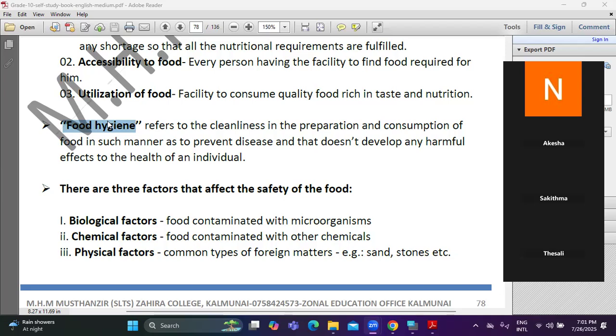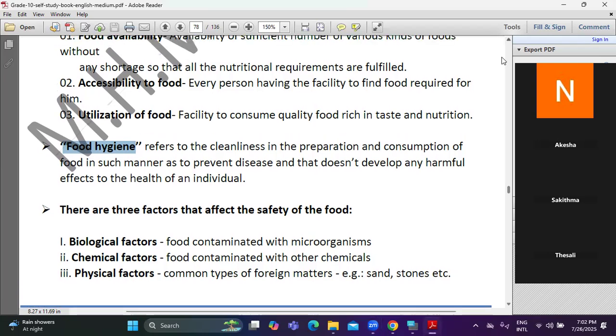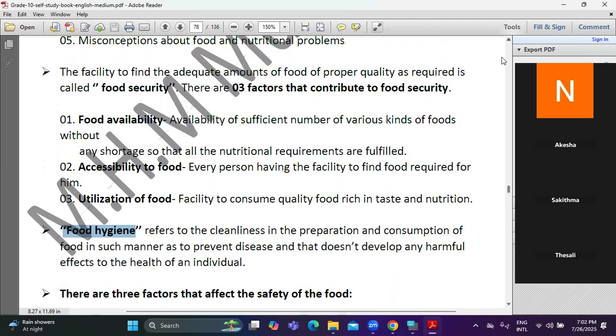Did you write the definition of food hygiene? That means we talk about food security and food safety. If you have finished the definition in your note, that's all you need to write: what food hygiene is. In Sinhala, it is food safety. Am I clear to you, children? Can you hear me?